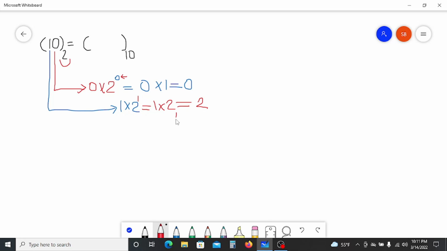Now we just need to add these two numbers. 0 plus 2 is equal to 2. That means 1, 0 in base 2 is equal to 2 in base 10. Okay, let's try to do one more example. Let me get a different color.